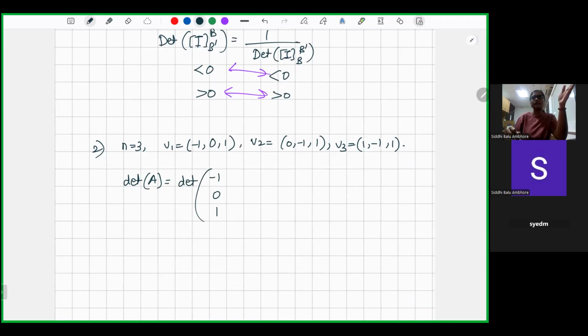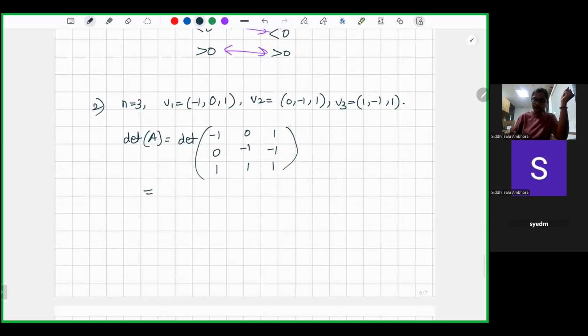We have to write it as columns: 0, minus 1, 1; 1, minus 1, 1. And we'll calculate the determinant using the first row. So minus 1 times minus 1 plus 1, plus 0, plus 1 times plus 1.